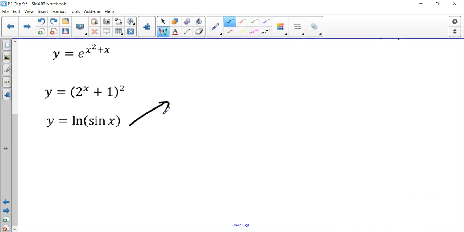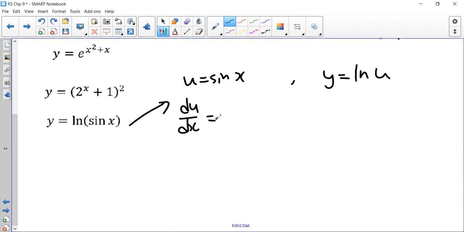Right, last one. So we know u is sine x, u is the inside layer of the onion, and y equals ln u. du by dx, using the sine cos clock, differentiate sine x, you get cos x. dy by du, differentiate ln u is 1 over u. Again, chapter 9.2.